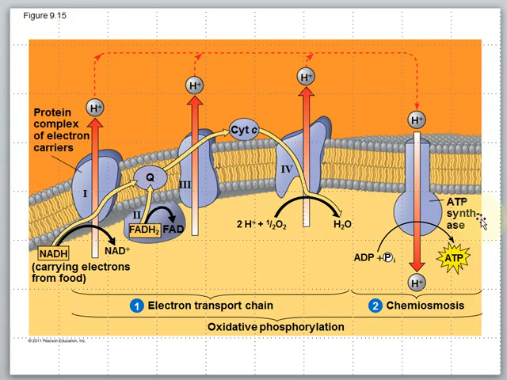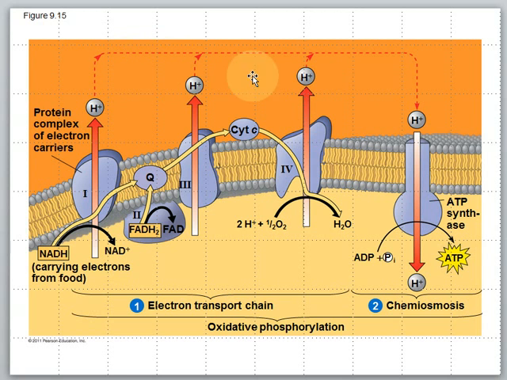So here's an overview of this final step that we're talking about. We have NADH and FADH2 dropping off these electrons through this long chain of proteins. As these electrons move down the path toward oxygen, they are powering the pumping of H plus ions into this space.